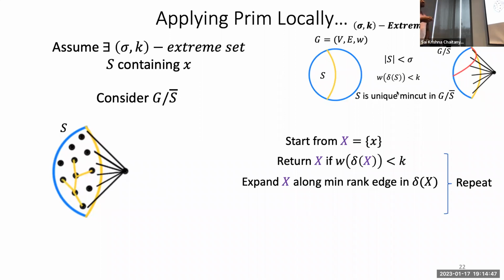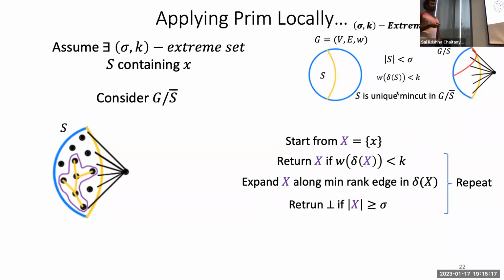So we keep repeating this step, and we are expanding our set X, the purple set, by using Prim's algorithm on the rank function, and we are maintaining this set. And if the size of the set X is greater than or equal to sigma, then we just output null, because the size budget or constraint is sigma, and we shouldn't cross it.